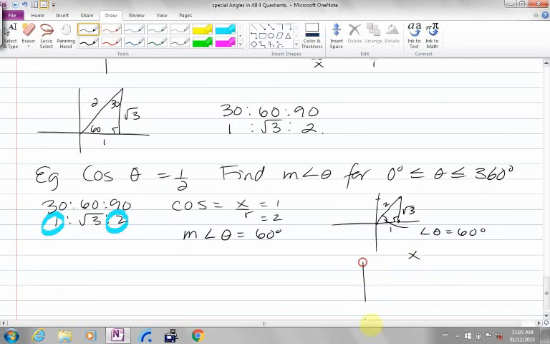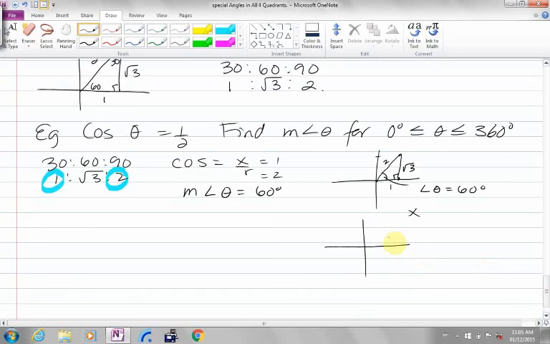The other way we could have drawn our picture where x is 1 is if y was negative root 3. So our point would be here. Now our reference angle is 60 degrees, and our angle is what? Yeah, 360 minus 60, so 300 degrees.